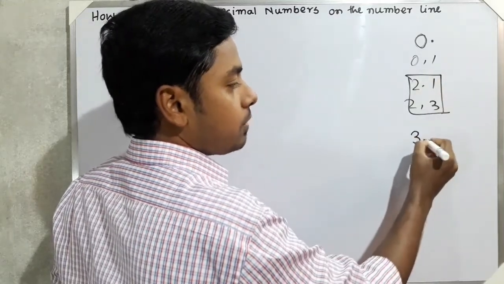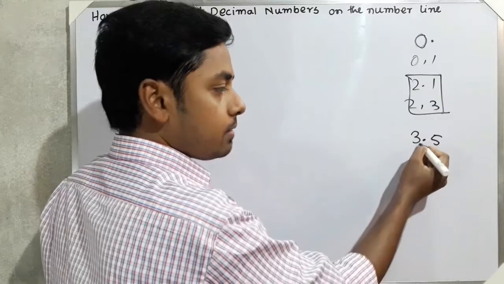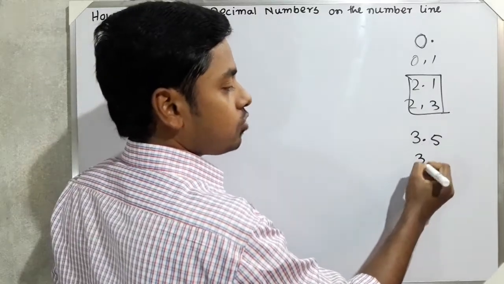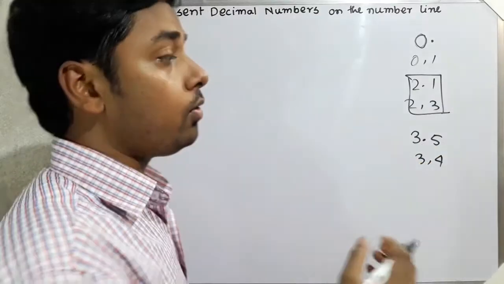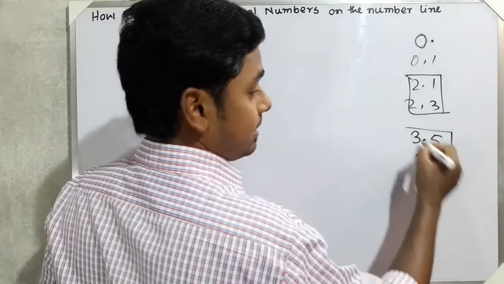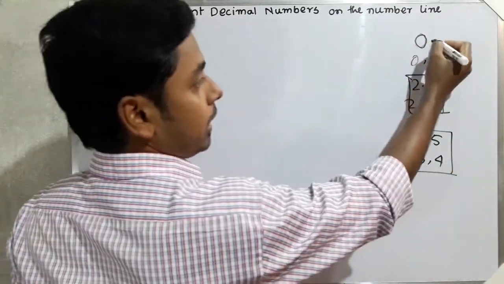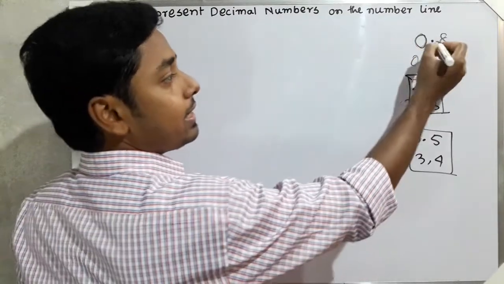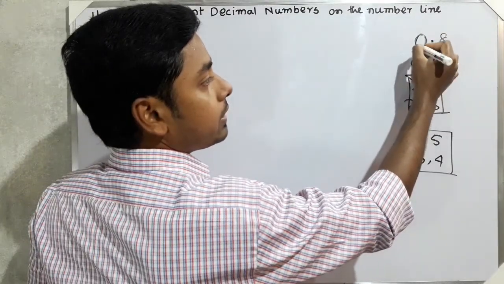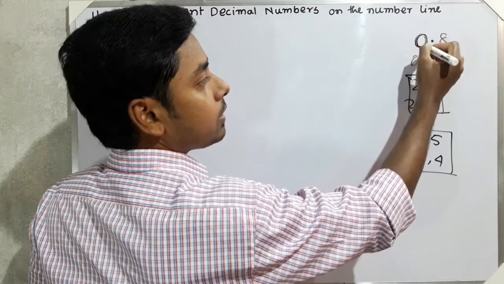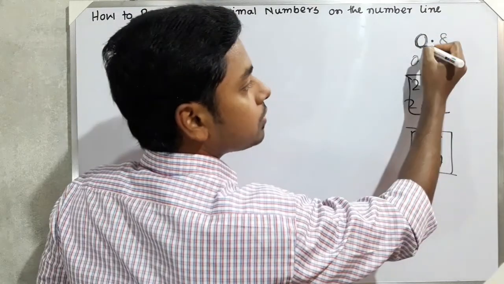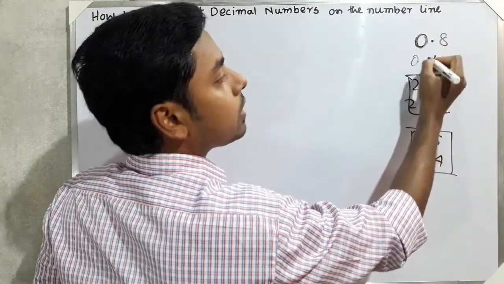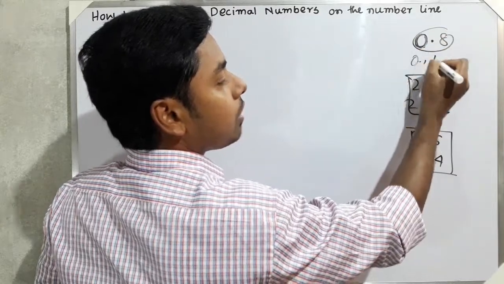Suppose 3.5, this number always lie between 3 and 4. So how we are taking this range? Try to understand. Whenever you are having 0.8, then this number will lie between 0, and after 0 which one will come? 1. So this number will lie between 0 and 1.